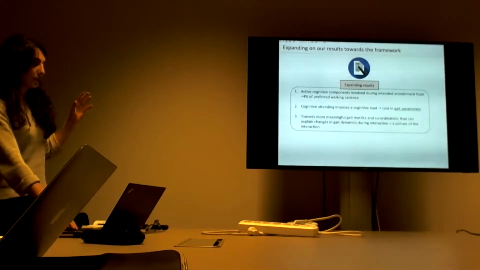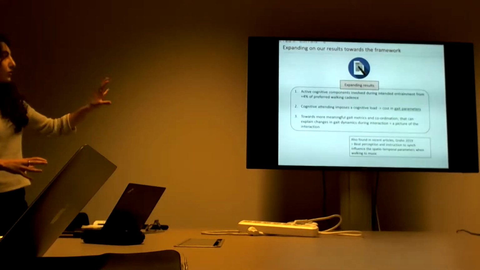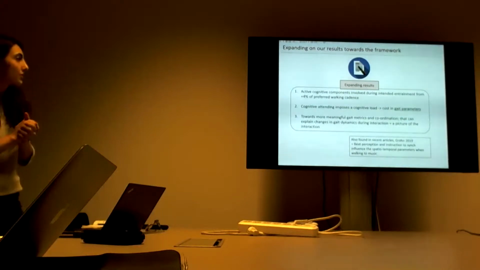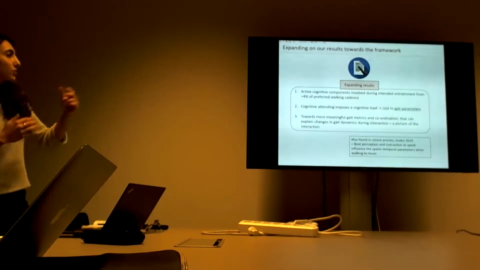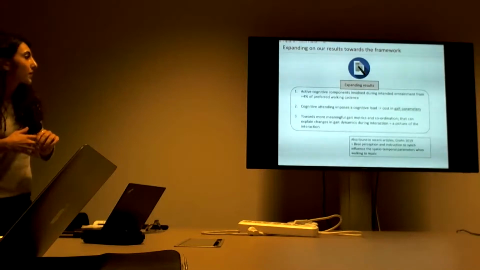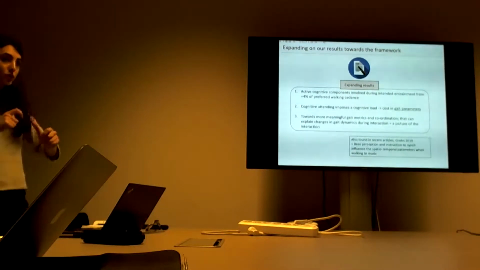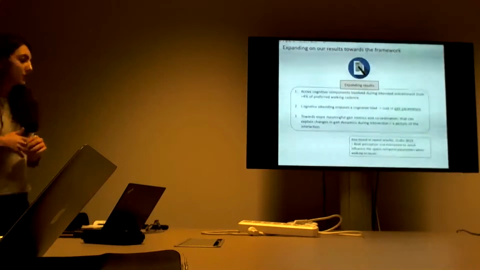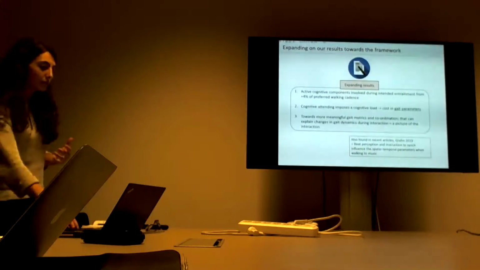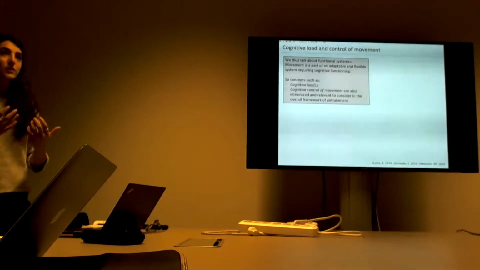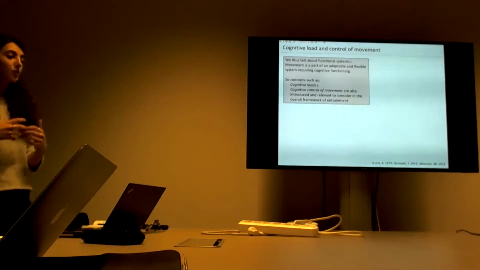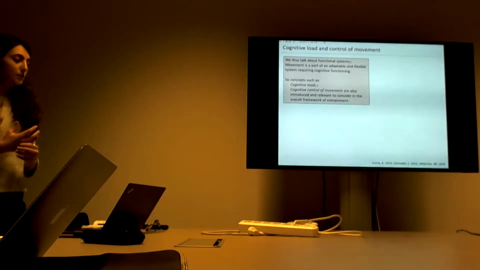So having our results, which are also supported by literature, for example, just a couple of months ago another paper showed that beat perception and instruction to synchronize also influence gait parameters. So here we come to the concept of cognitive load and the cognitive control of movement.